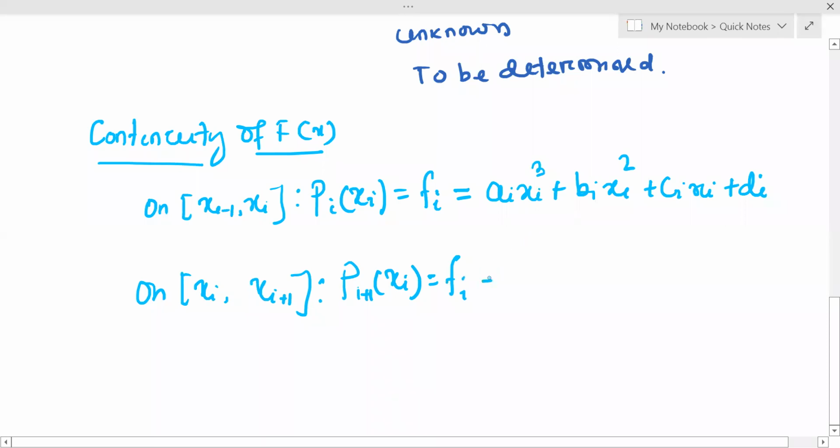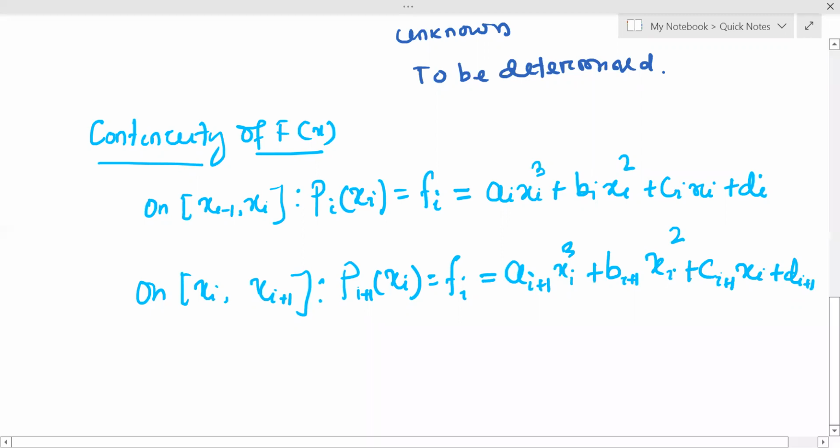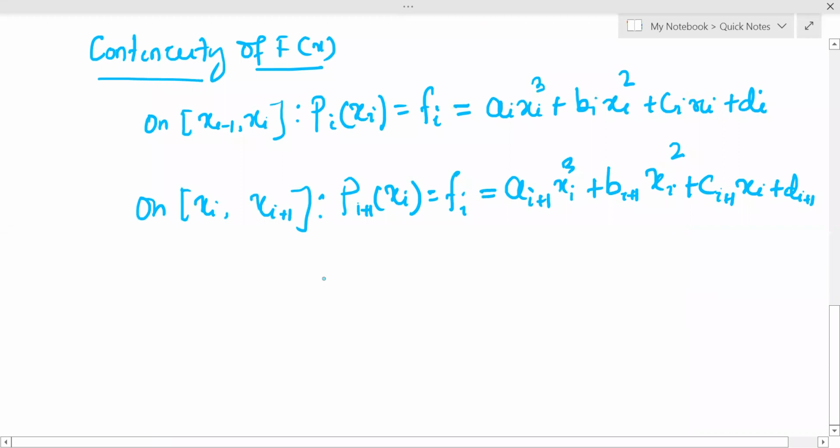And that polynomial becomes ai plus 1 xi cube plus bi plus 1 xi square plus ci plus 1 xi plus di plus 1. Now these are the property of the continuity function of f of x, and i value becomes 1 to n minus 1.